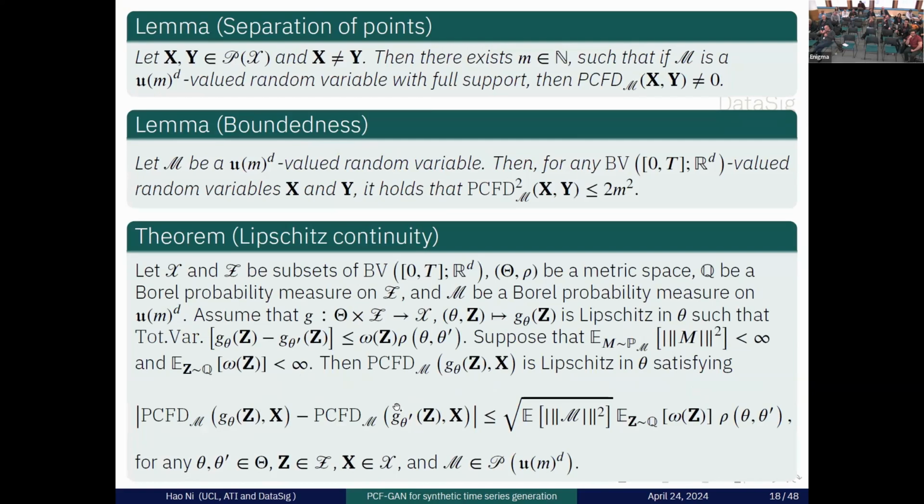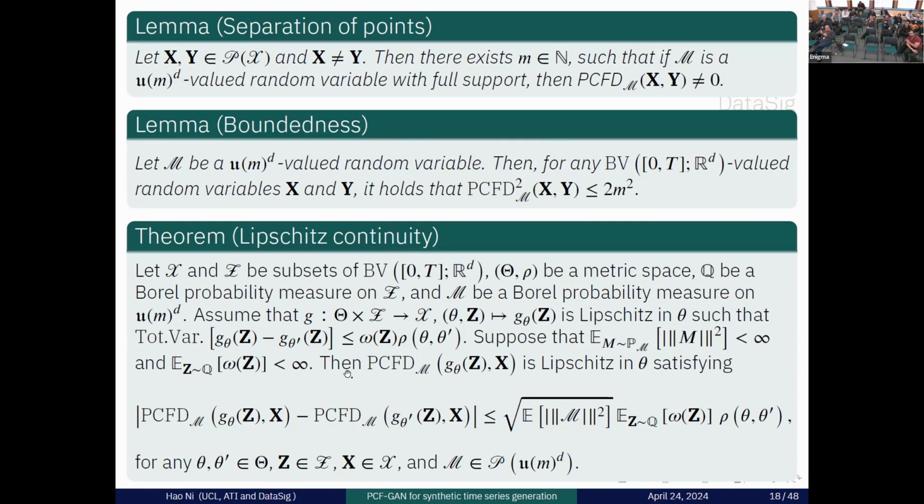Similar to the Wasserstein distance in the finite dimensional case, we can establish desirable properties of such a PCFD distance which are useful for GANs. That is the properties of boundedness, uniform boundedness, and Lipschitz continuity.